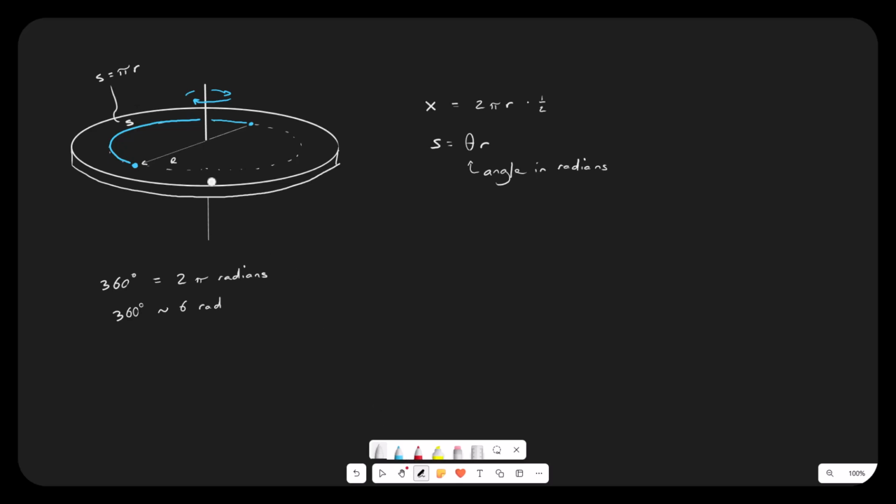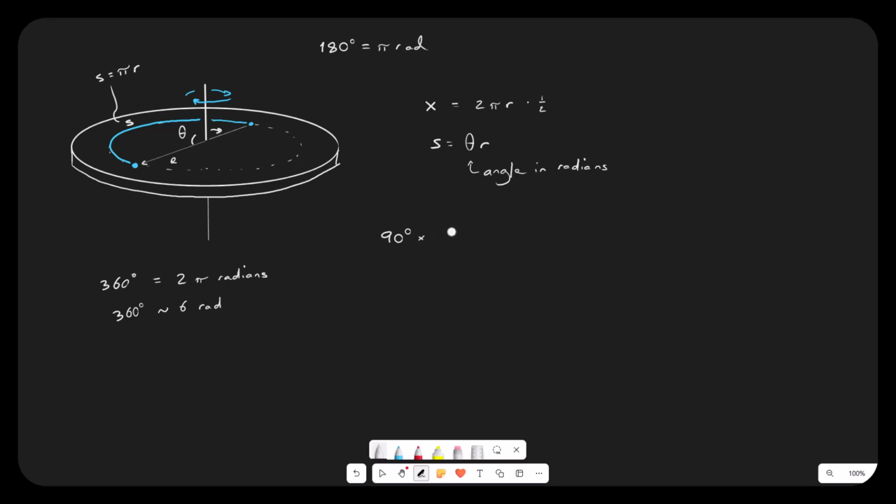So if I look at my picture, theta is right there, that angle. I could say that's 180 degrees, but I want to give that angle in radians, so it's just pi radians. I can make this conversion: 360 degrees equals 2 pi radians, or if you like reducing things, 180 degrees equals pi radians. If I'm doing a quarter circle, for example, that would be 90 degrees.